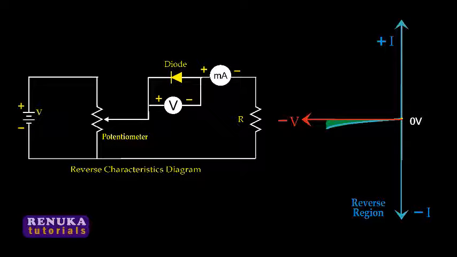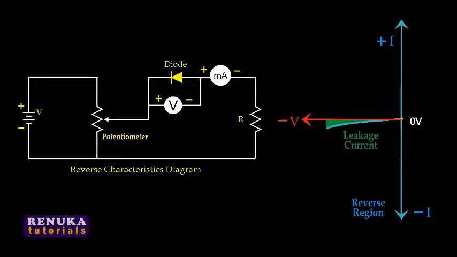Up to a certain voltage there will be no conduction in the diode, only conduction due to minority charge carriers, and that current is the leakage current. When the voltage is increased, the depletion layer gets wider, so the junction resistance increases.